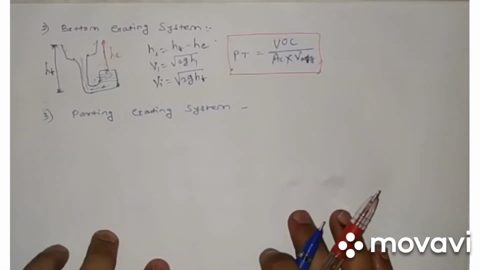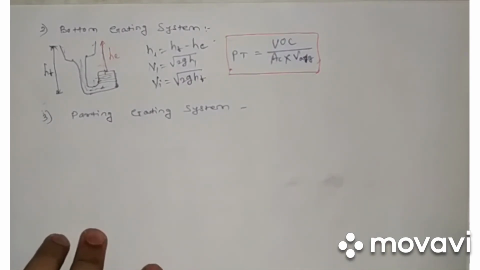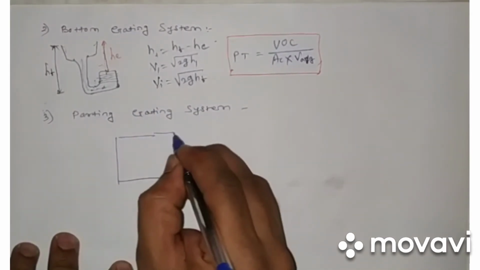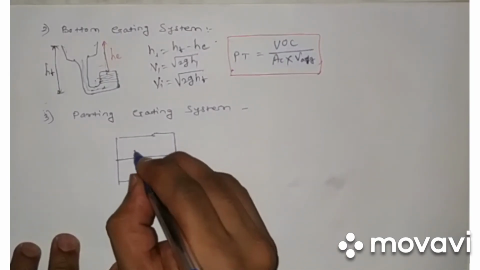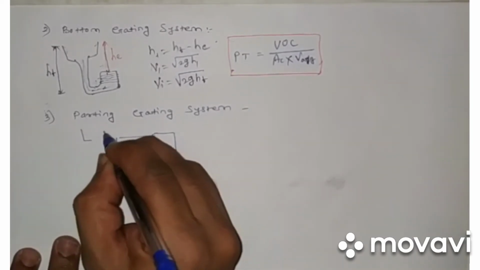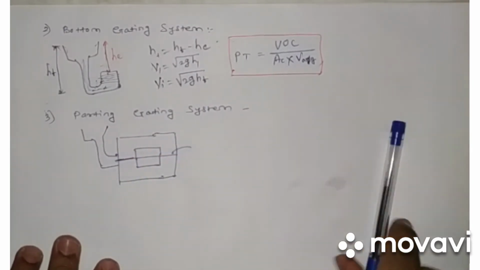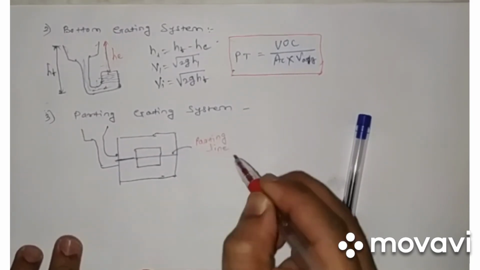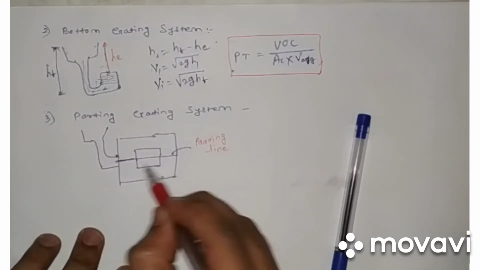Now the third one is the parting gating system. Now we have seen that we can divide, this is the parting line, and the top one is our cope and drag system. So if I am making my material entry at this section, at the parting line, okay, this is my parting line, I am making the entry of material at this parting line.